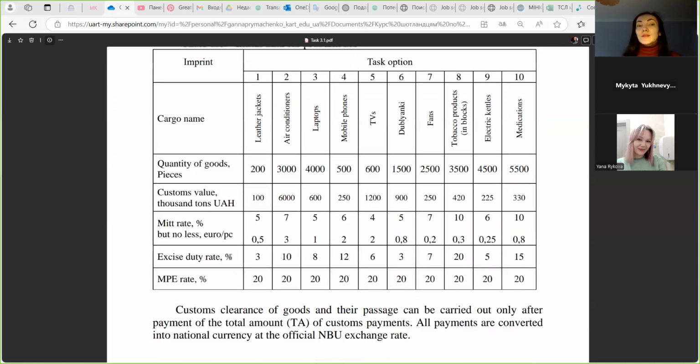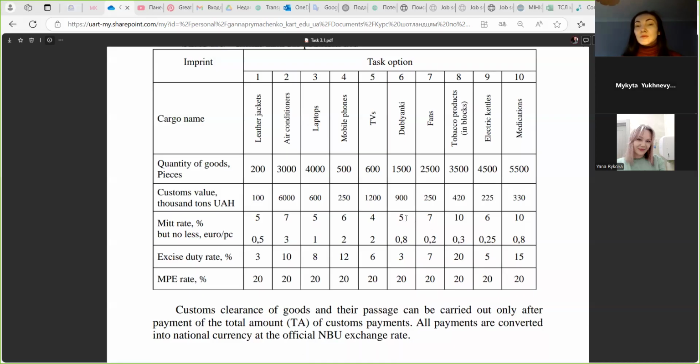I multiply, I have 6 variant. If I multiply 900 100 by mid rate 0.05, I have only 45 hryvnia. Yes, I understand.